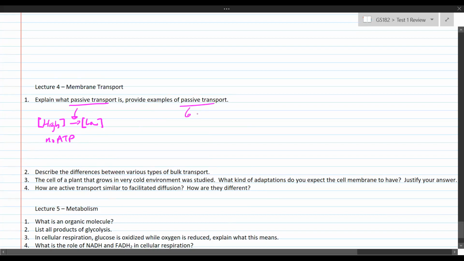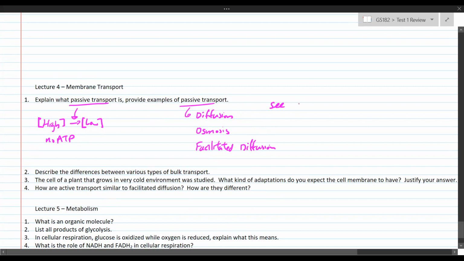Examples of passive transport would be diffusion, right? For small nonpolar molecules, osmosis, facilitated diffusion.